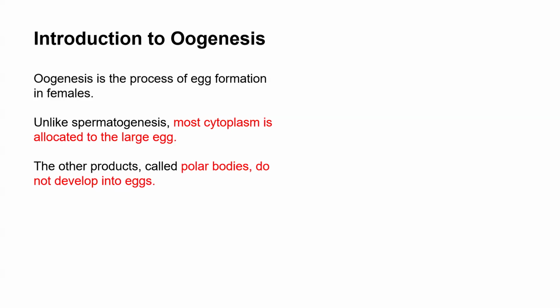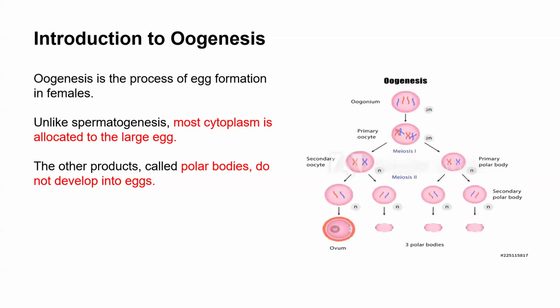During meiosis in oogenesis, only one large egg is developed, with small polar bodies, and those smaller polar bodies do not develop into eggs. So you need to understand that during oogenesis, only one large egg is developed with 2 to 3 polar bodies, and those polar bodies do not develop into eggs.